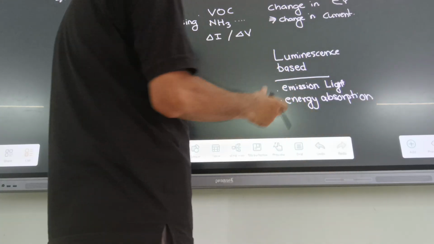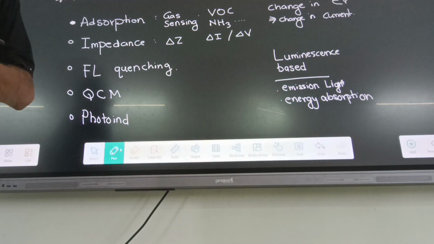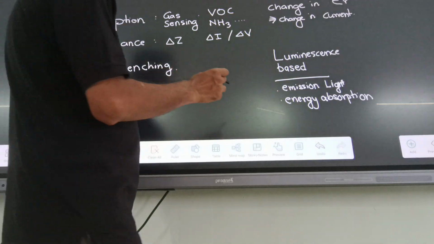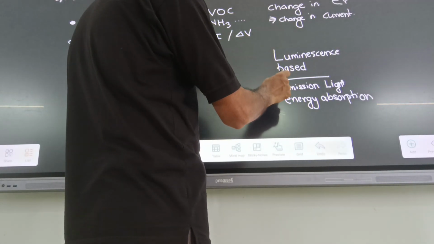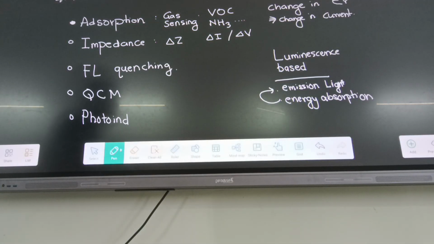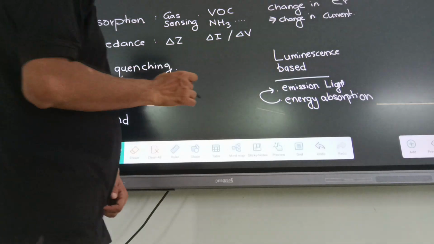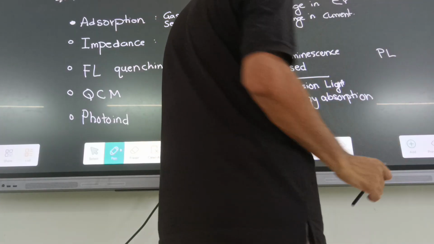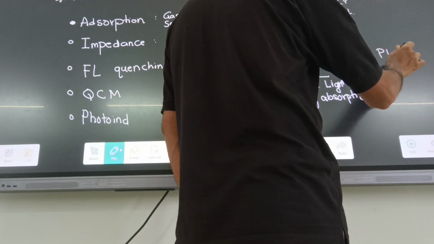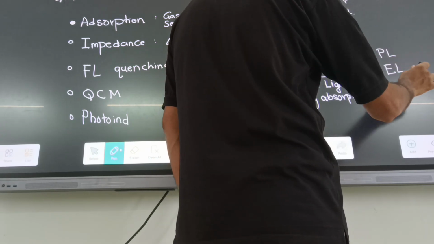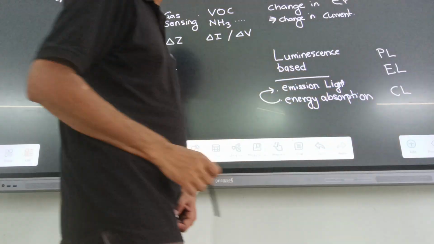Any process which leads to an absorption of energy followed by emission of light comes in the category of luminescence. There are basically three categories: photoluminescence, electroluminescence, or chemiluminescence.